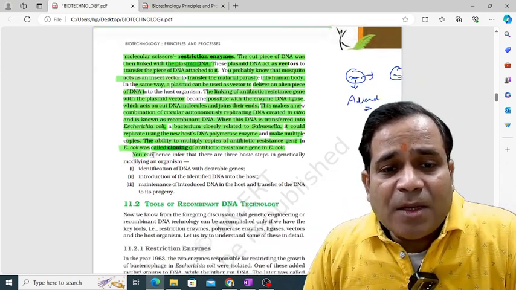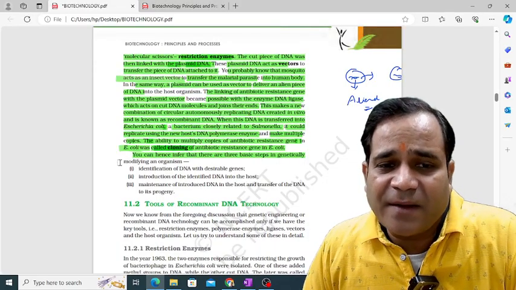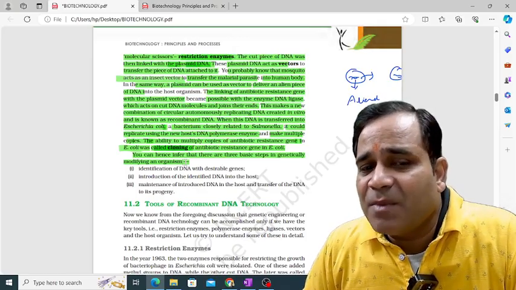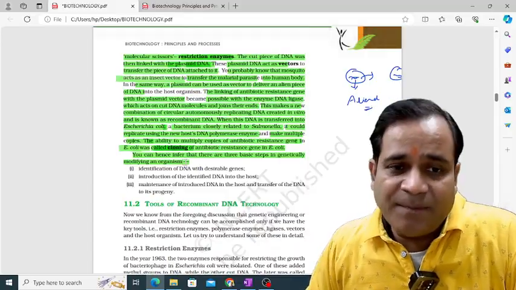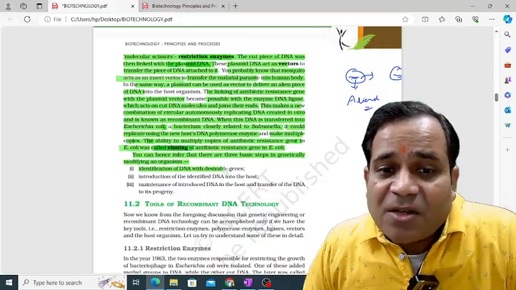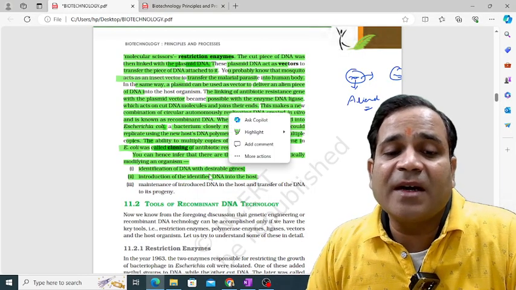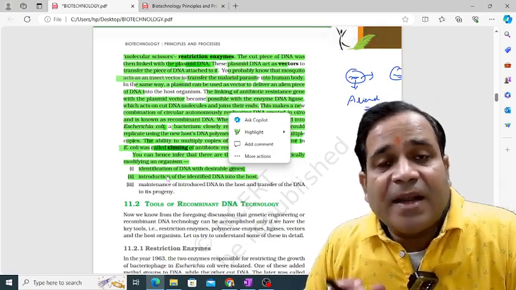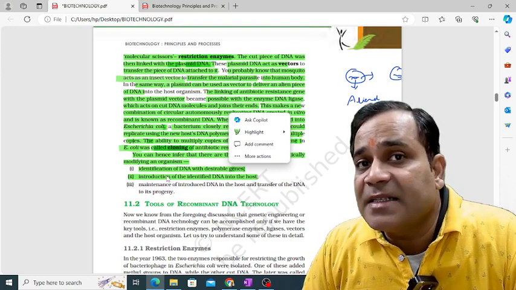So now you can infer that there are three basic steps in genetically modified organisms. Here are the three basic things that are very important to understand. Number one, identification of DNA with a desirable gene.